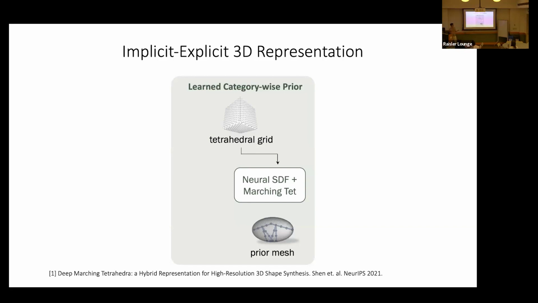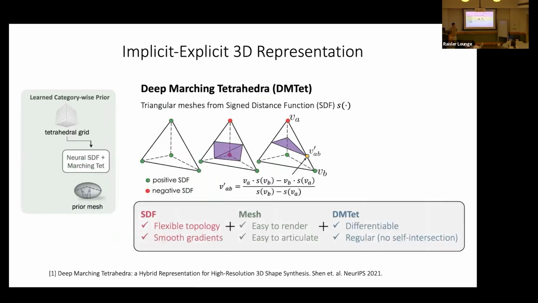Here we're using the DMTet representation to represent the category-wise prior shape of this horse category. Just a brief introduction of how this representation works. Many of you might know this representation; it is called deep marching tetrahedra. It's similar to differentiable marching cubes, which people have worked on back in the day.